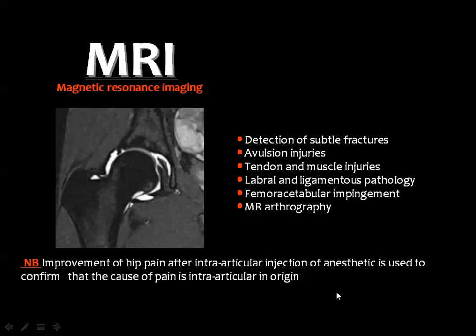One of the important issues to be taken into consideration is that if you inject intra-articular anesthetic together with the contrast media, and you get relief of the patient's pain, then you are almost sure that the cause of pain is intra-articular in origin.